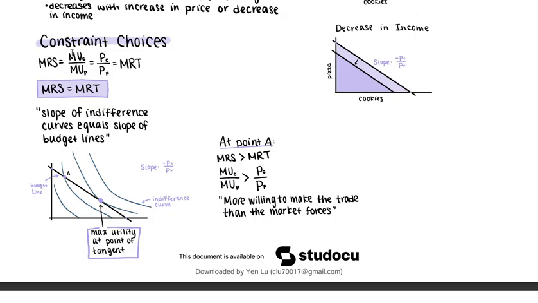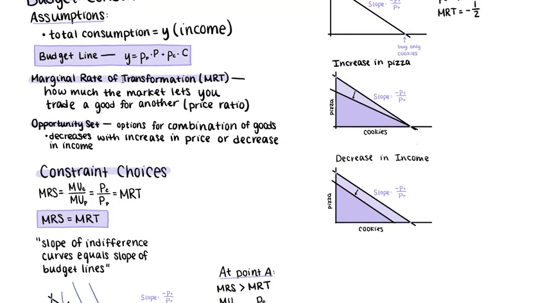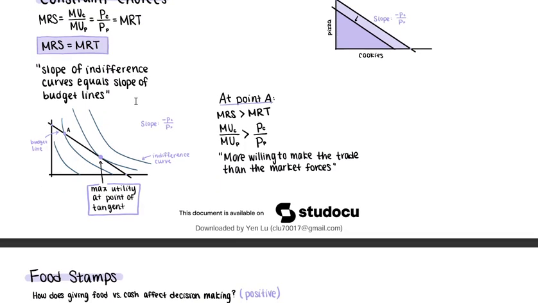So we say MRS equals MRT is where your willingness to trade one good for another is equal to what the market tells you to trade. So it's about utility maximization. The slope of the indifference curve equals the slope of the budget constraint line, which is MRS equals MRT, maximum utility at the point of tangency.